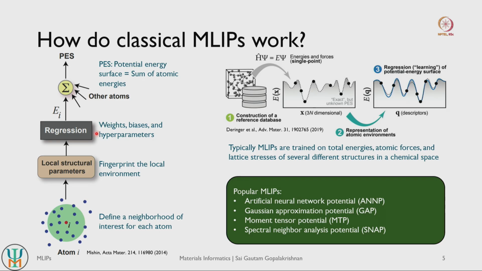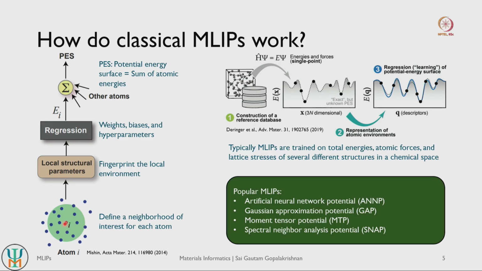So we should have had DFT calculations performed, which will then be used to train this model. If the model is already trained and it is doing a production run, then it will do this regression exercise to basically get an atomic energy, so the energy of this reference atom, right. So you get an energy for a given atom, you repeat this exercise for all the atoms, and you do a simple summation, and you basically get your final potential energy surface or the final energy of your underlying structure, right.